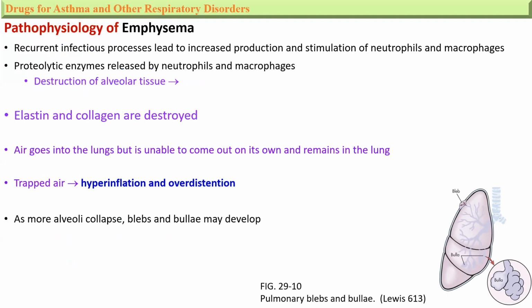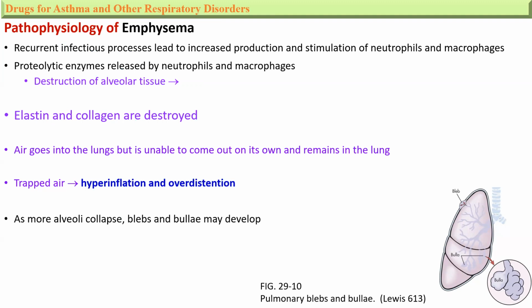With emphysema, the destruction of alveolar tissue leads to inflammation, exudate formation, and edema and swelling of the mucosa of the alveolar tissue.